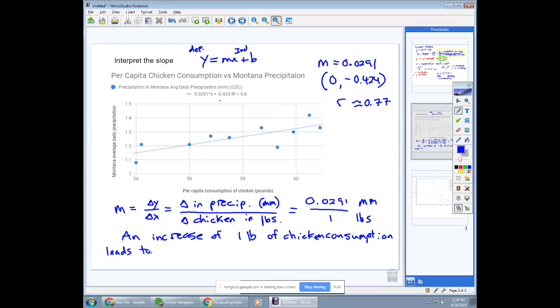Something like leads to an average increase of about 0.0291 millimeters in Montana's average daily precipitation.